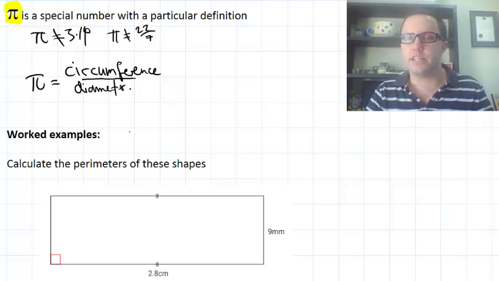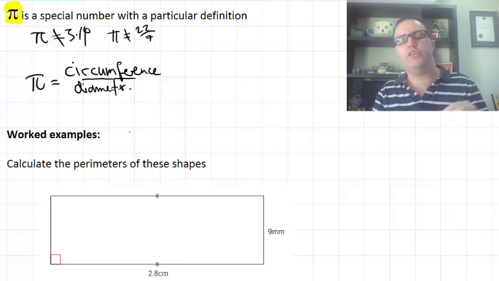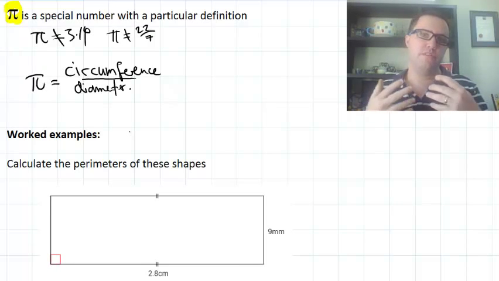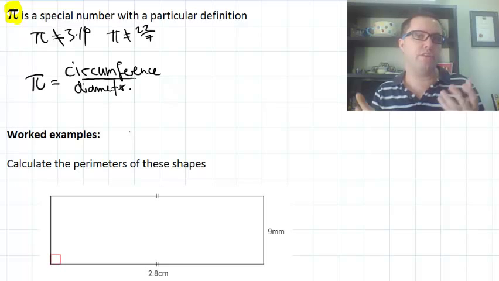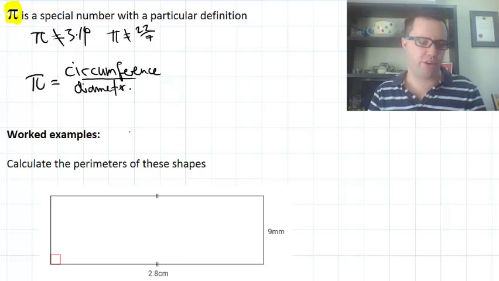It's kind of ridiculous, but that's what pi is. It's just the ratio of the circumference to the diameter of some circle. So please, unless you're specifically told to, just use the pi button on your calculator. Don't try and circumvent that by using 3.14 instead.